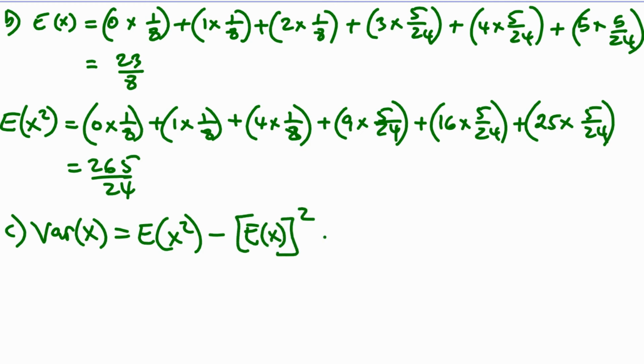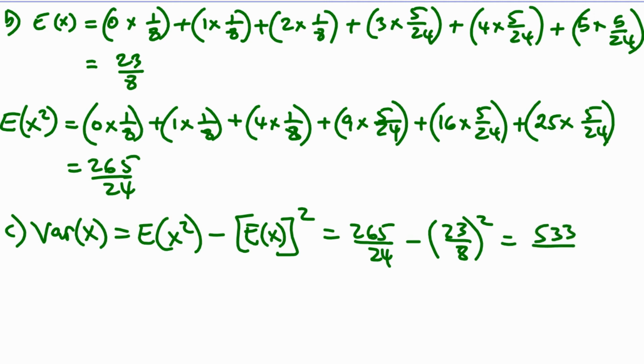So that will be equal to 265 over 24 minus 23 over 8 squared. And that will be equal to 533 over 192.